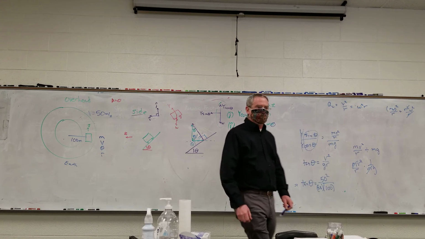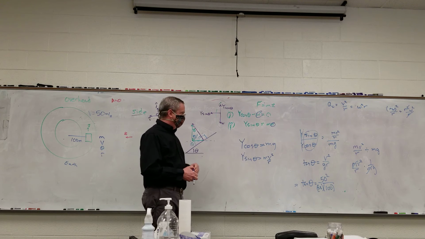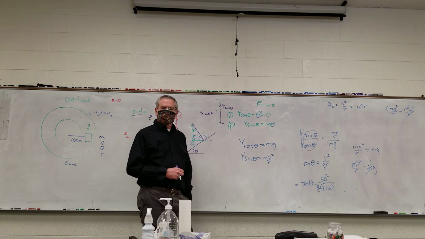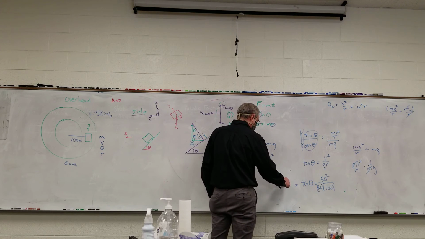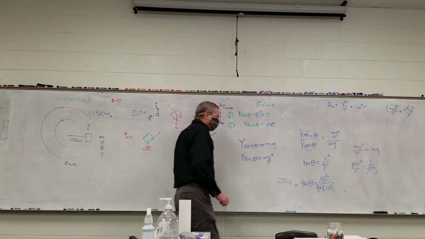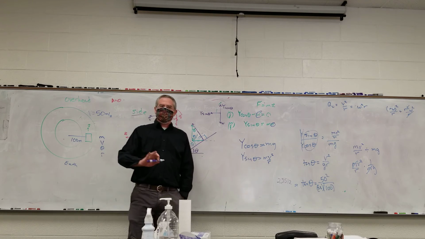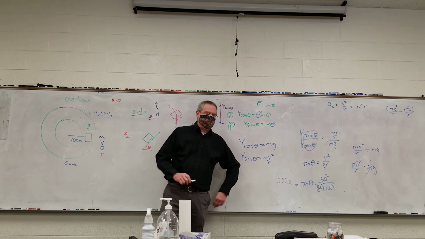So we're about to reveal what it really is. 2.5513. As a quick side note, we're not at the end of the problem yet, but what are the units of this 2.5512?